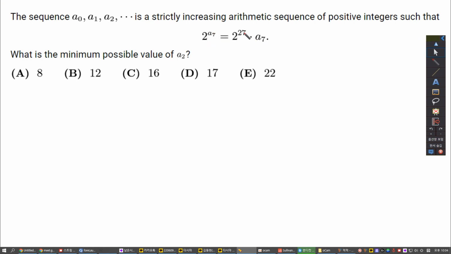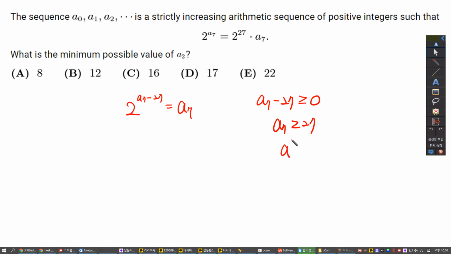So at first, let's divide both sides by 2 to the power of 27, and that makes the exponent negative. So this means the value of this seventh term, a7, is a power of 2. And because it's a positive integer, a7 minus 27 should be greater than or equal to 0. So a7 should be a power of 2 greater than 27.